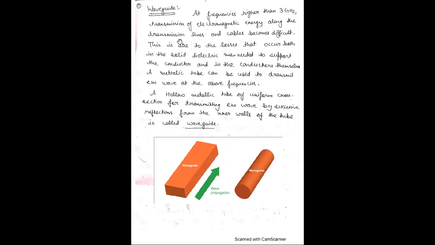Basically, if the frequency is greater than 3 gigahertz, then using transmission lines and cables becomes difficult, and this is due to the losses that occur in the solid dielectric needed to support the conductor and in the conductors themselves.